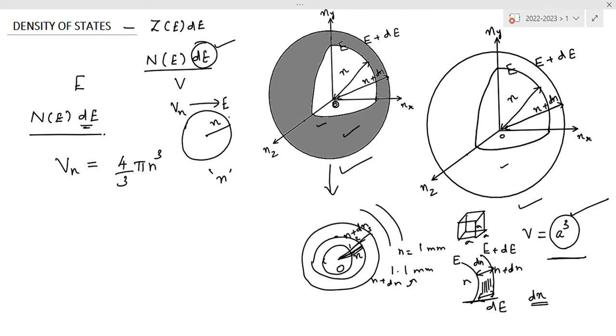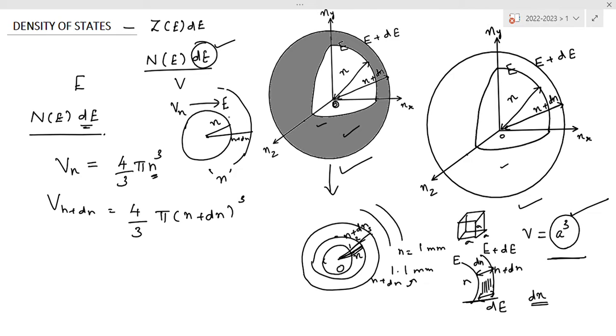The volume of the sphere is 4 by 3 pi r cube; instead of r, I am replacing it with the radius of the sphere concerned, that is N. Similarly, I am taking another sphere of radius N plus dN. The number of available energy states of this sphere is 4 by 3 pi (N plus dN) the whole cube.